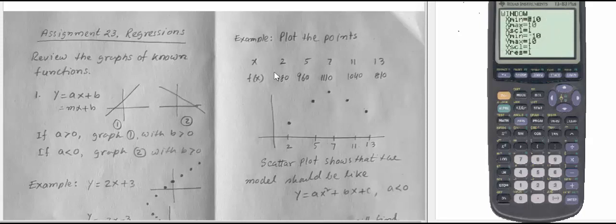In the first column we have 2 to 13, so we can take 0 to say 15. For y, the highest number is 1110, so let me put 1200. And the smallest is 480, so I can take 400 as the minimum.